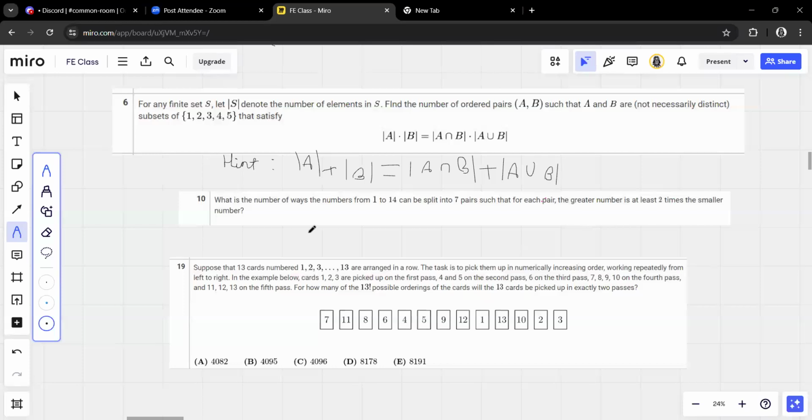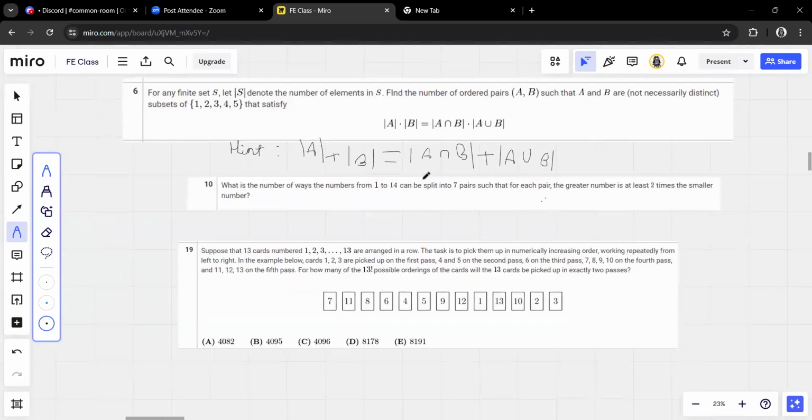This is the hint for the proof. Take any element i belonging to A union B, that is, i belonging to A or B. Make cases on whether it appears in A, B, or both, and in each case compare the number of times it is counted in this sum and in that one.